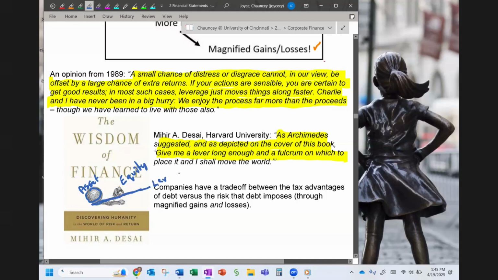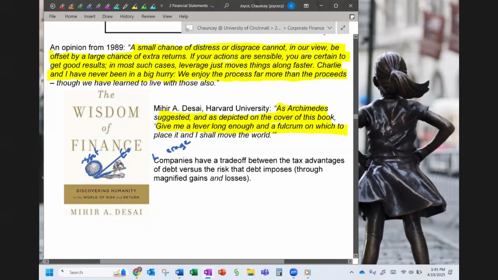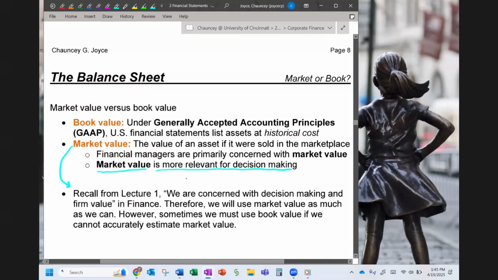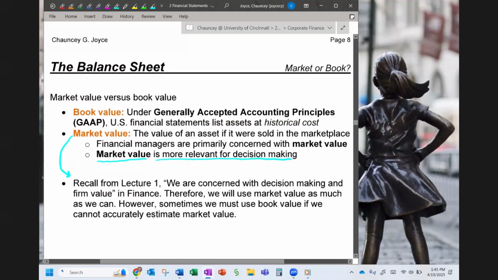All right, let's take a look. This is one of our learning objectives, to identify the difference between book value and market value. Book value under GAAP, generally accepted accounting principles, is a historical cost that accountants use to record a transaction, whereas market value is what we in finance consider an asset truly worth. It's the value of an asset if it were sold in a marketplace, what we could get in terms of cash for it.